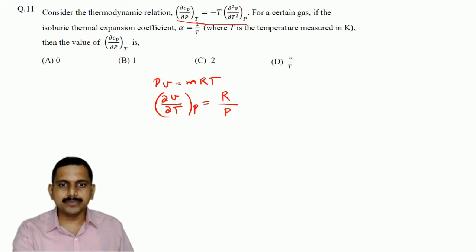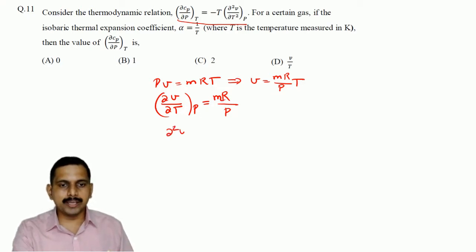How did this come? This came by writing V is equal to mR/P into T, and we have m also here, mR by P.